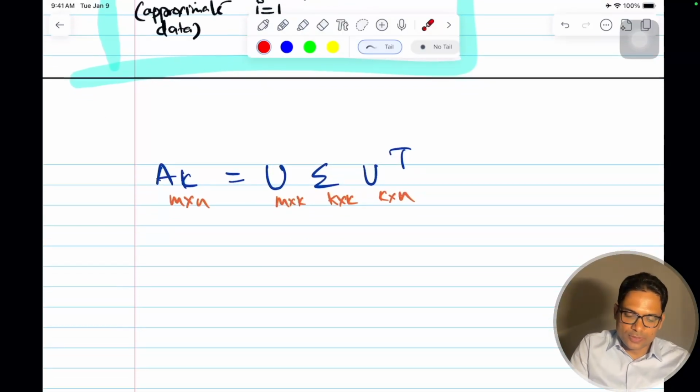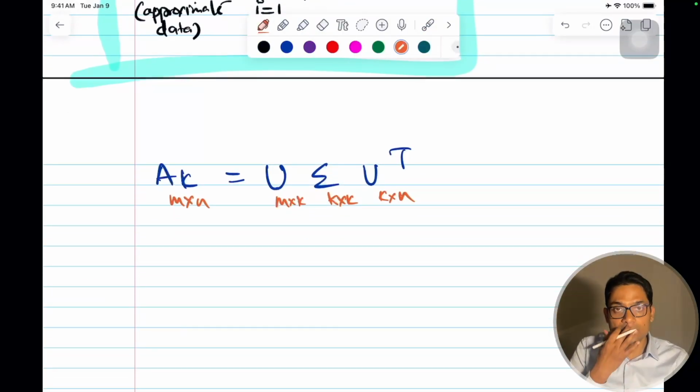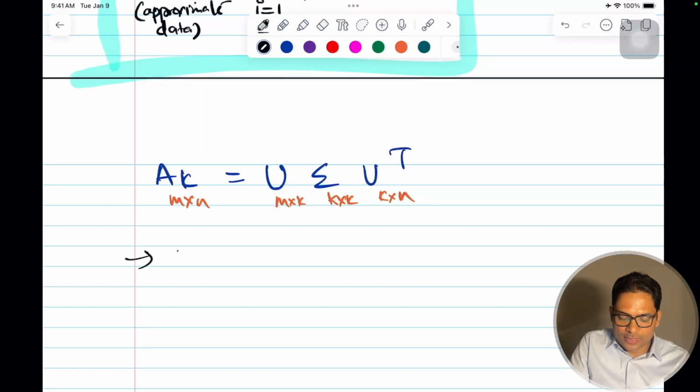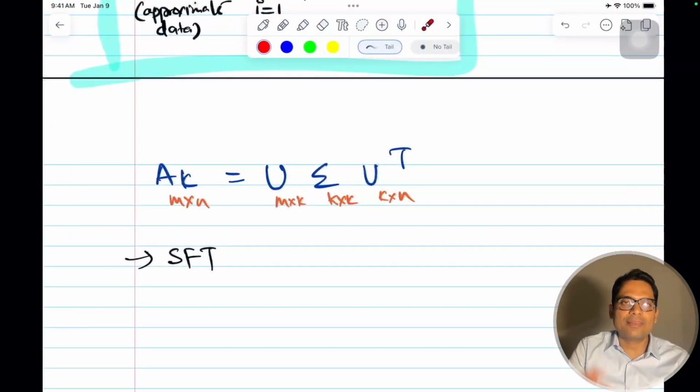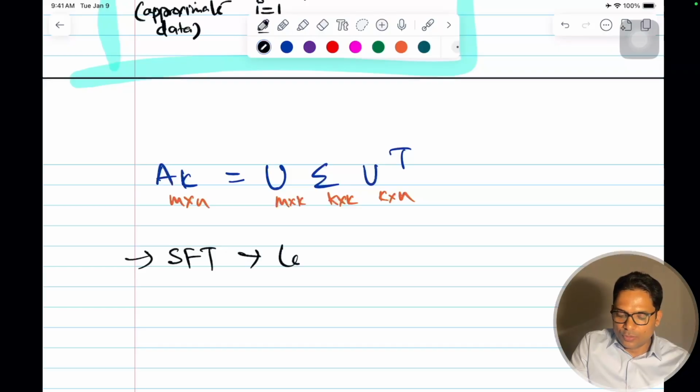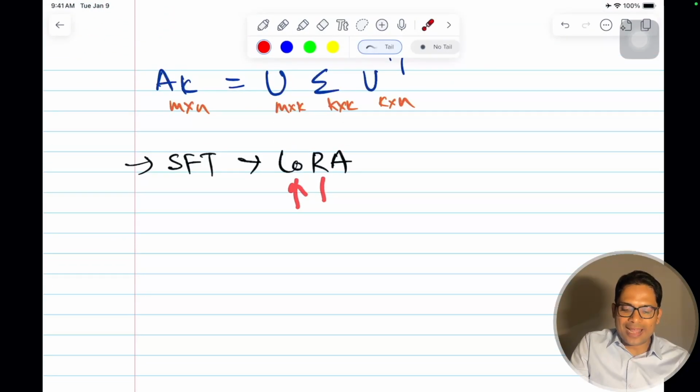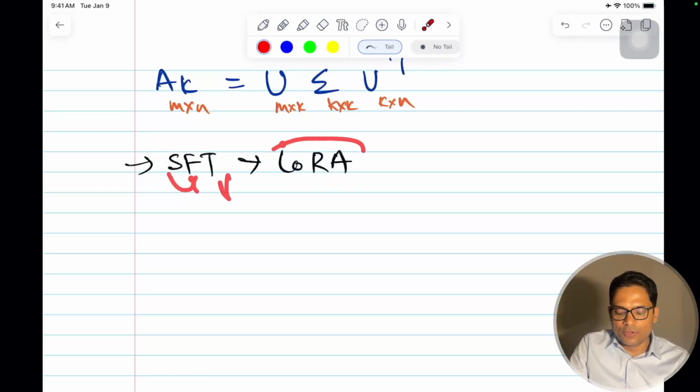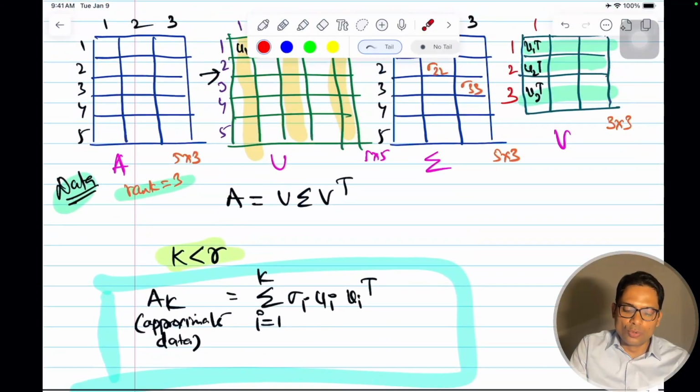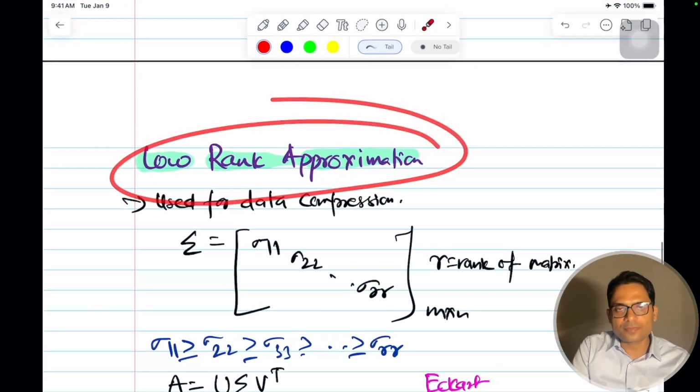And what is the use of this? Data compression, and also something very famous you must have heard nowadays. There's a method in supervised fine tuning, SFT. When we have a model and want to do supervised fine tuning, we use something called LoRA, which is low rank adaptation. This is nothing but an application of low rank approximation.